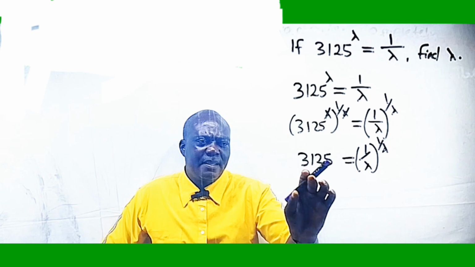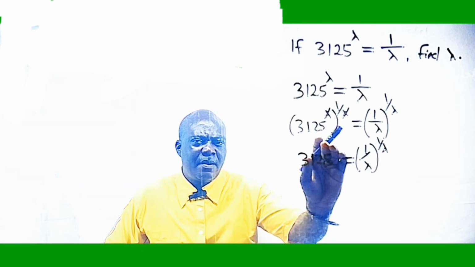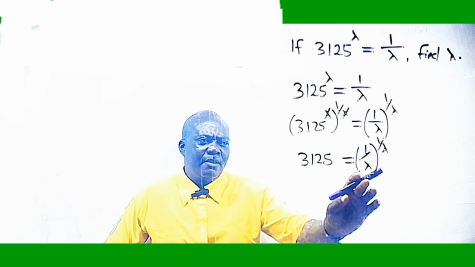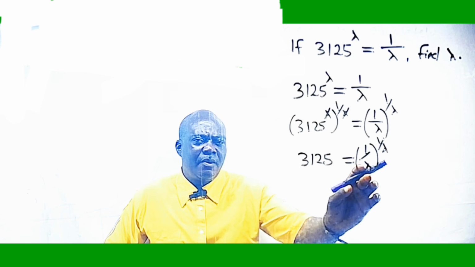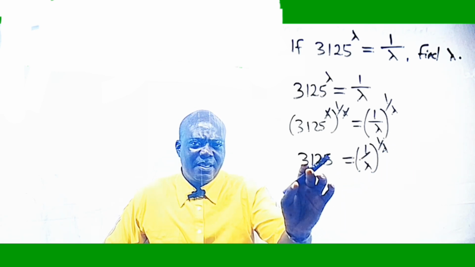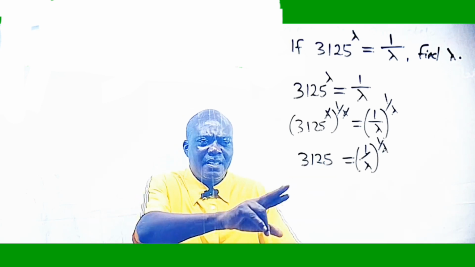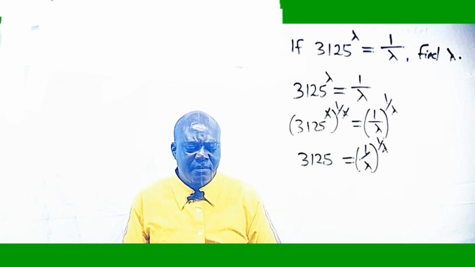Try and get a number in which the base and the power will resemble this. Look at this one now. The base here is 1 over lambda and the power is 1 over lambda. So you can get something similar to it, like any number where the base and the power look alike. So you can just equate them.